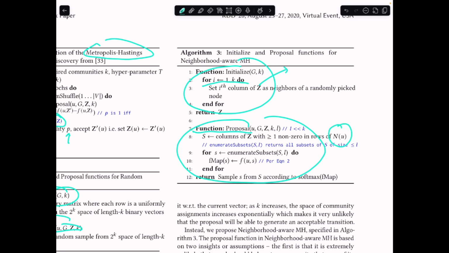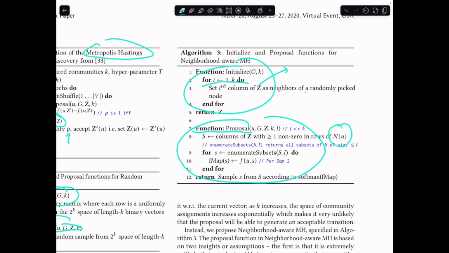And second, they limit the scope by assuming that each producer can only be assigned to a max of L communities, which also makes sense because you don't really need to consider all the communities.